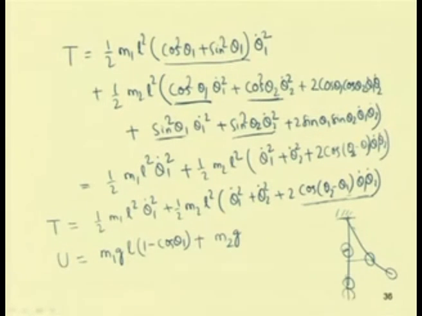So, one can find this change in position like this. This is L, this is plus L, so L plus L is 2L. So, 2L minus L cos theta 1 minus L cos theta 2. So, this becomes m2 into g into 2L minus L cos theta 1 minus L cos theta 2.